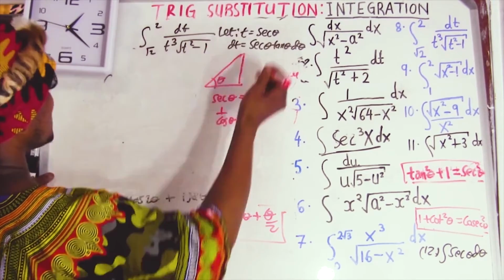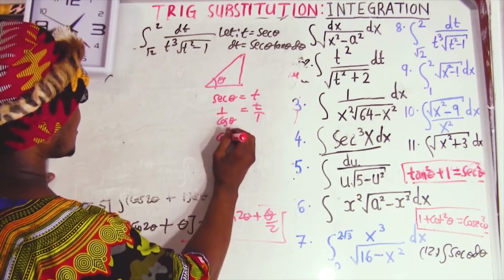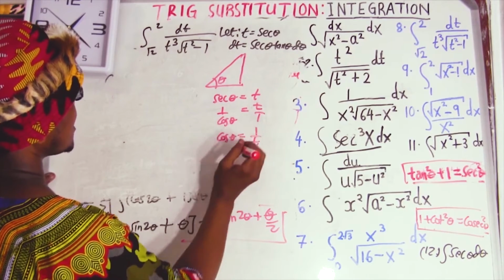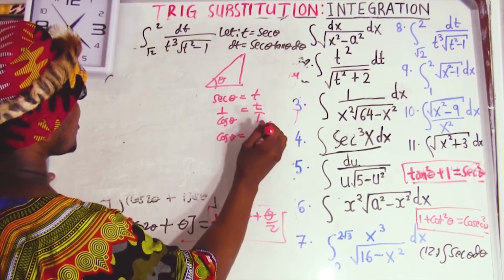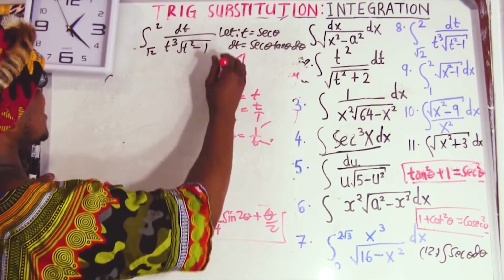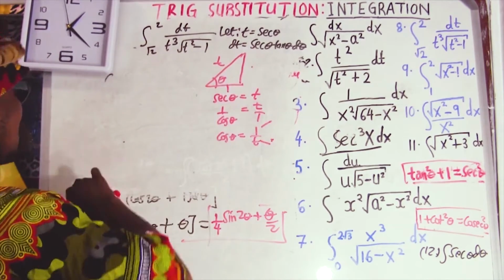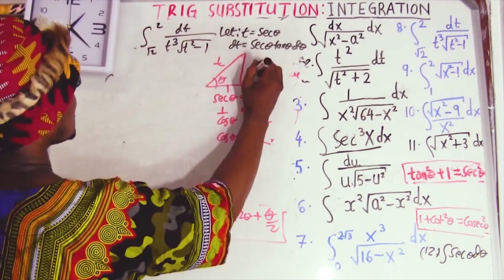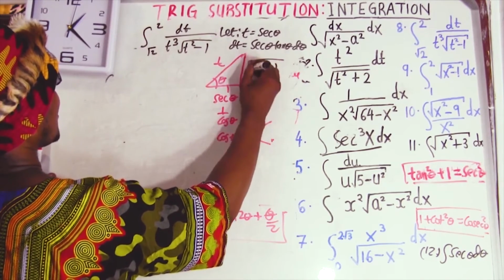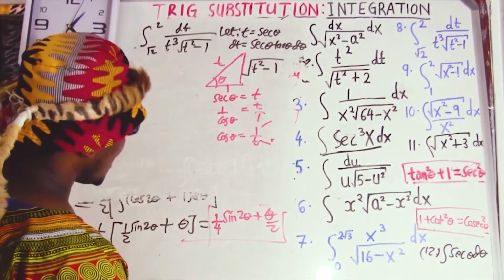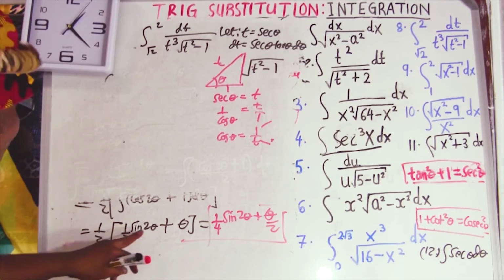We can flip everything: cos equal to 1 over t. So adjacent equal to 1, hypotenuse equal to t. We can get the opposite, because opposite equals the square root of hypotenuse squared minus adjacent squared, which is t squared minus 1.